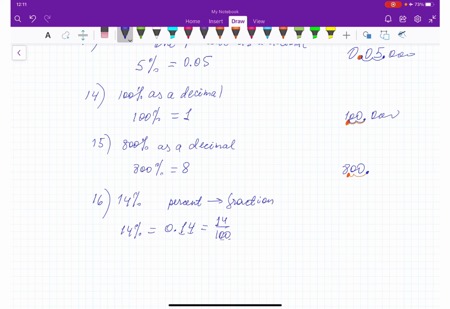Let's simplify. Divided by 2, this is going to be 7, this is going to be 50. So we get 14% in the form of fraction is 7 over 50.